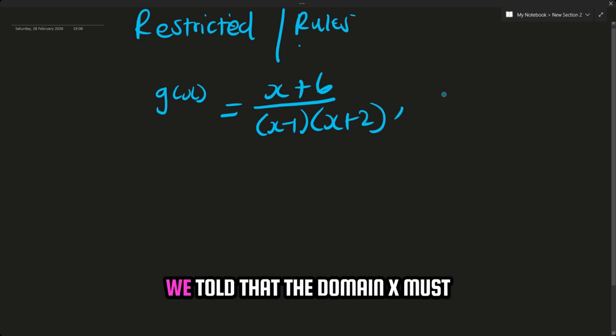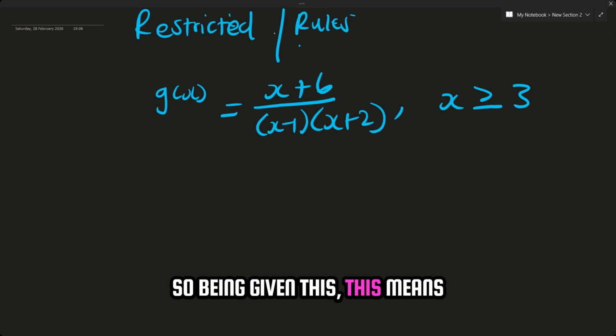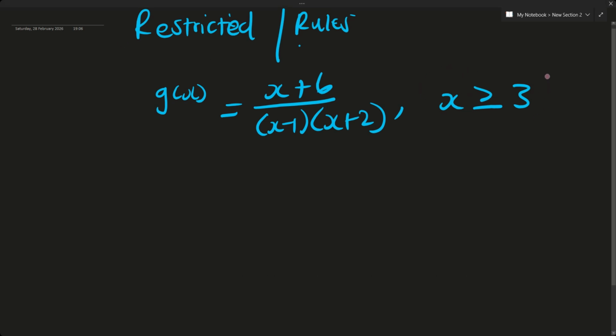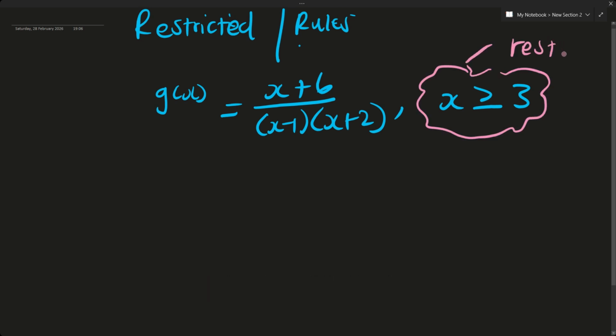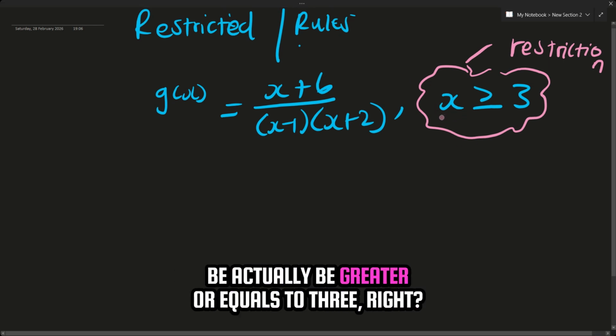And then we're told that the domain x must be greater than or equals to 3. So being given this means that we are actually restricted. That's the restriction, right? So whatever the domain that we find, it must be greater than or equals to 3, right?